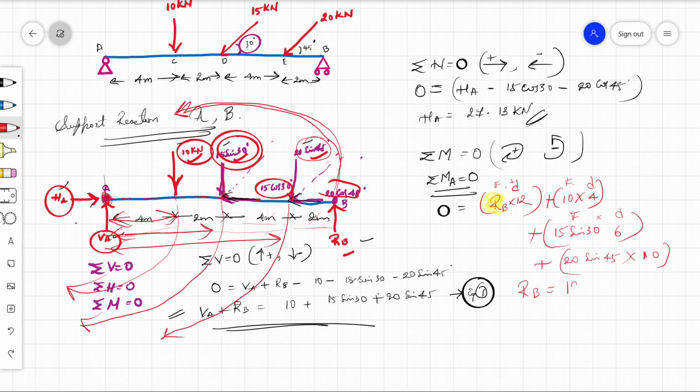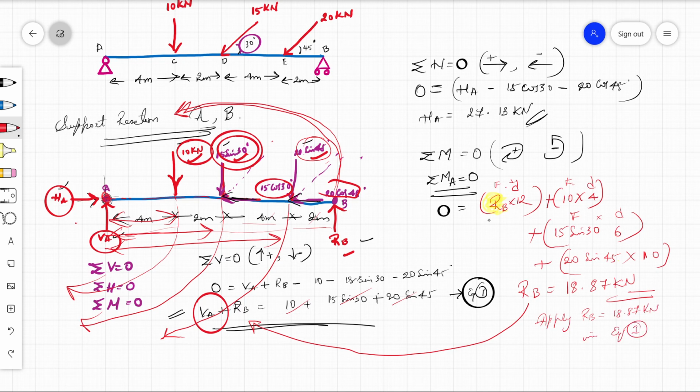If you do that, the RB value comes to something like 18.87 kilonewton. If I apply this value of RB over here, do I get the value of VA then? Because this is all constant digits. Apply RB is equal to 18.87 kilonewton in equation 1.